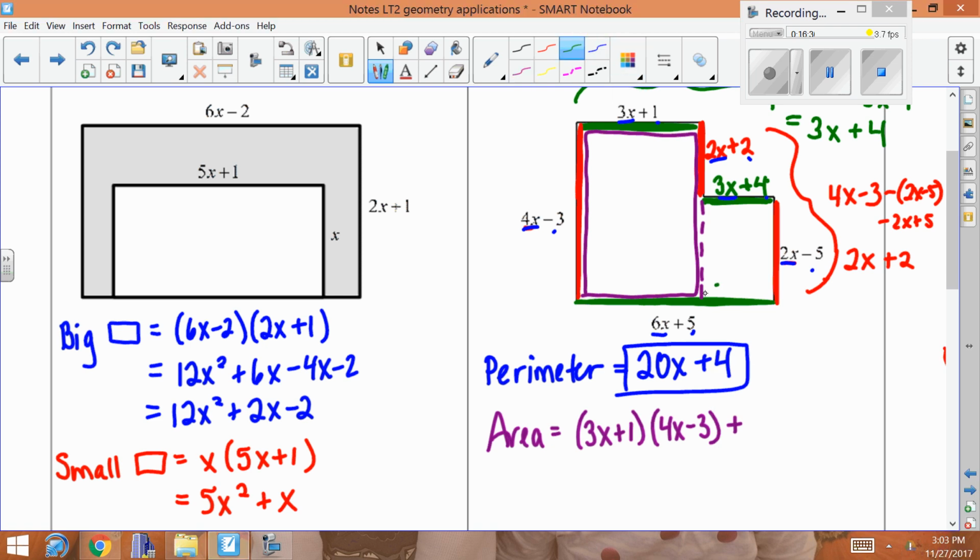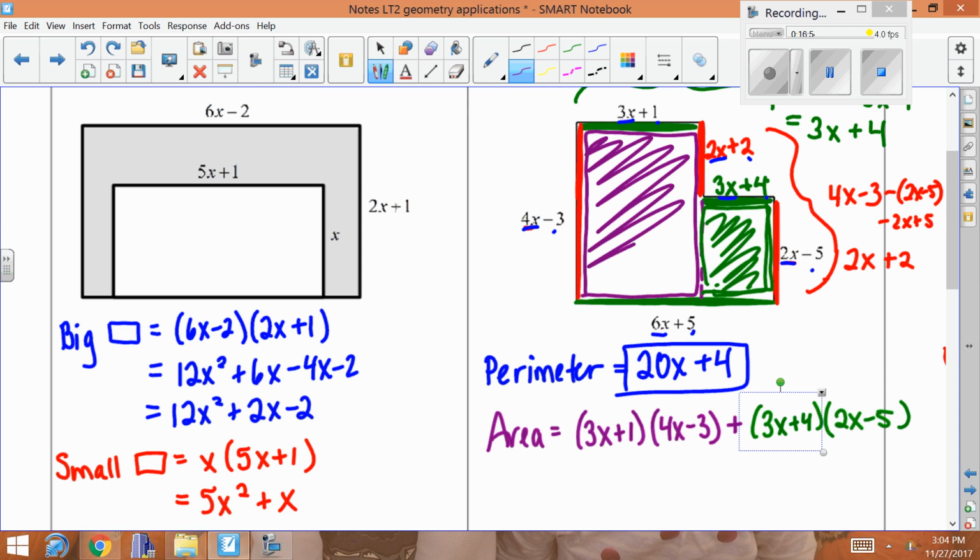If I do this one in green here, the side is 3x plus 4, and then the other side is 2x minus 5. So that's the green rectangle, and this one is the purple one. I didn't really need the 2x plus 2 if I'm just using those 2 rectangles.